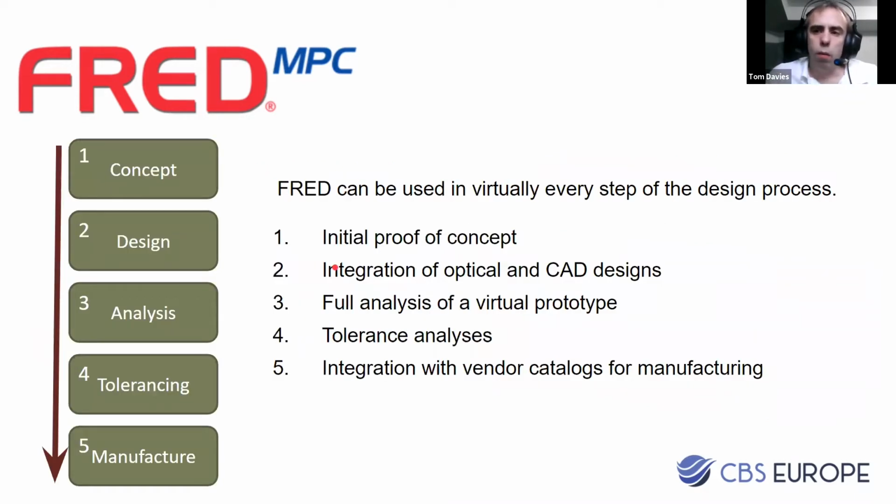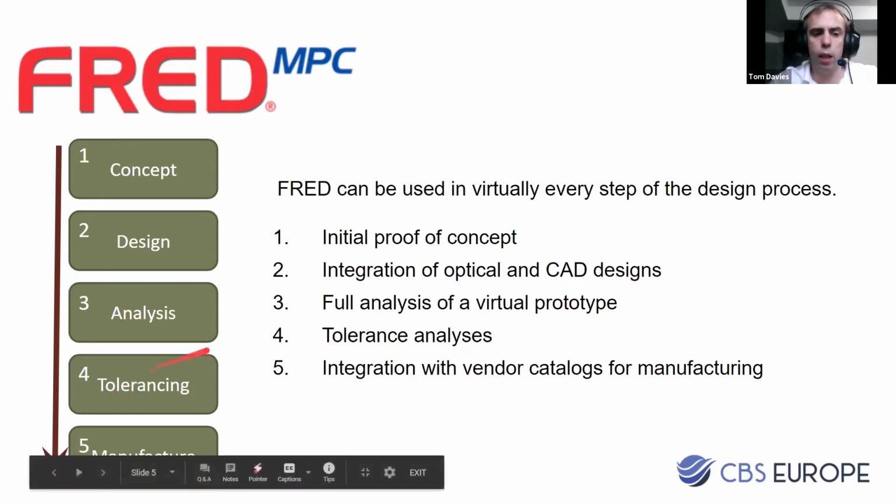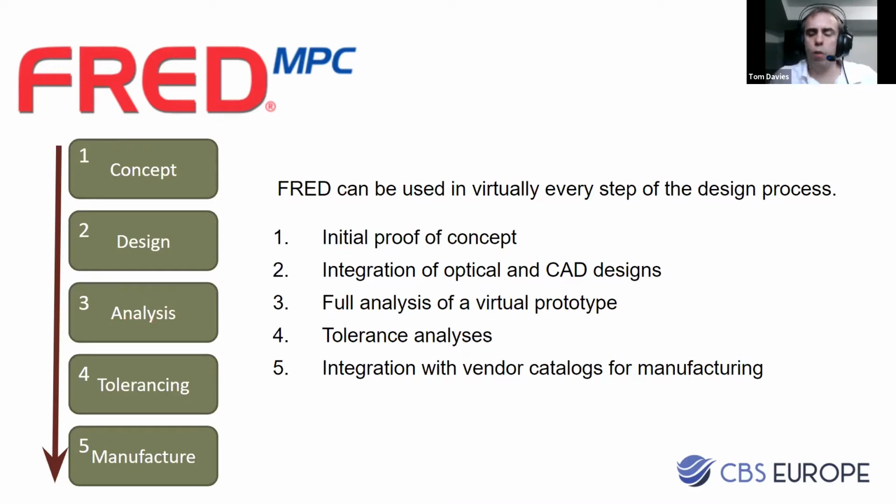Quite simply, we like to say that FRED can be used in virtually every step of the R&D process, from the initial proof of concept through the initial designs, full analysis of the virtual prototype optomechanical system, and then tolerancing, debugging any issues with any sort of prototype, and then finally getting it ready for manufacture by integrating with vendor catalogs for suitability for manufacturing.